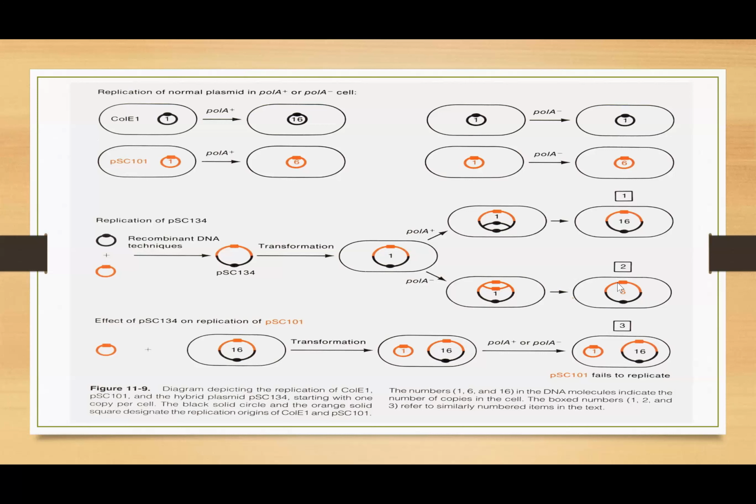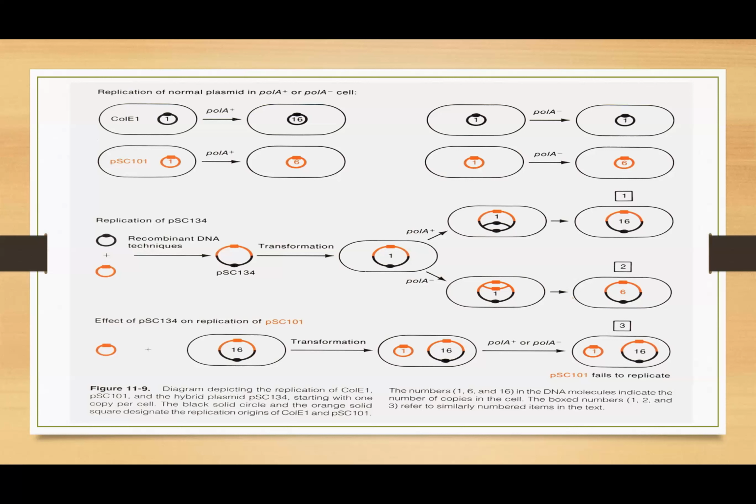So the point I'm trying to make is that although the fused plasmid has both origins of replication, for high copy and low copy, depending on the cell where it goes, if it is going into the normal cell, then a high copy number of this plasmid is maintained. And if it goes into a mutant, allowing the other plasmid's origin of replication to be utilized, then it maintains the lower copy number, that is 6 copies.